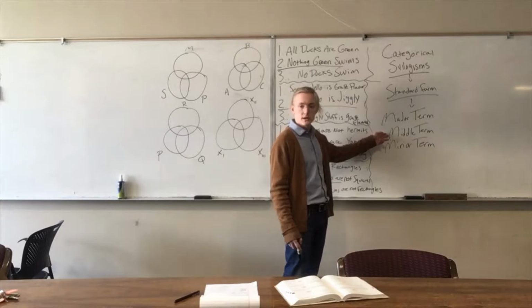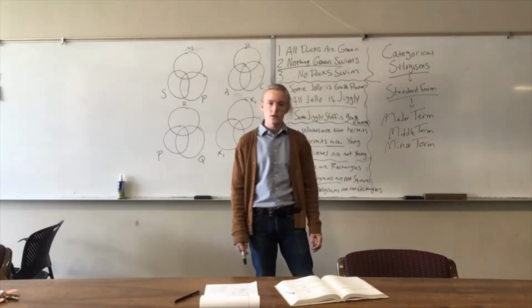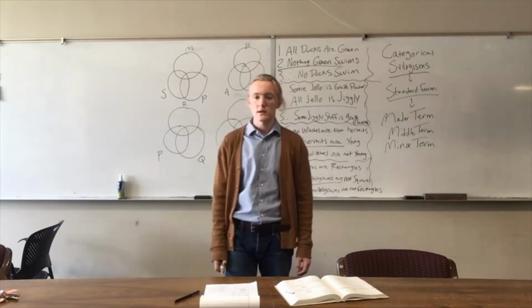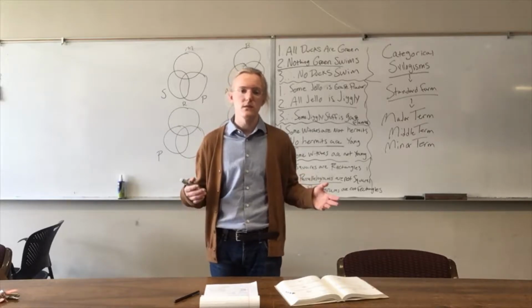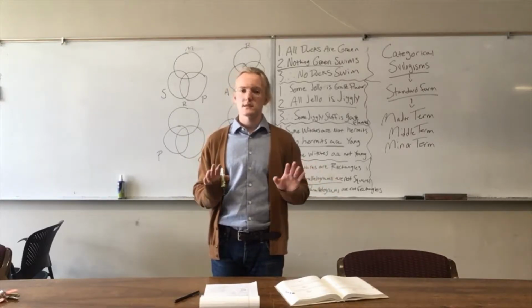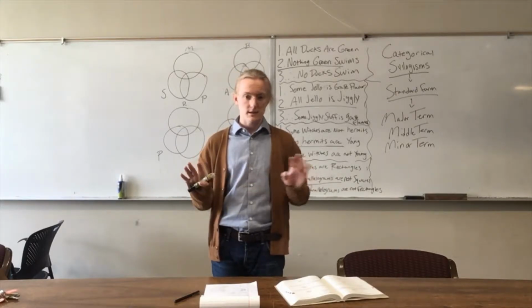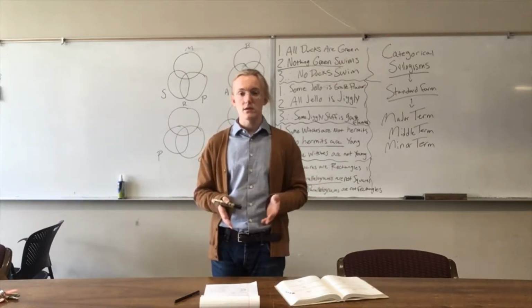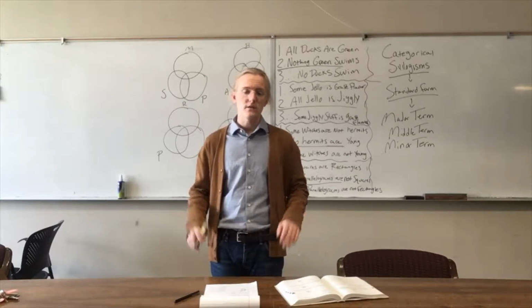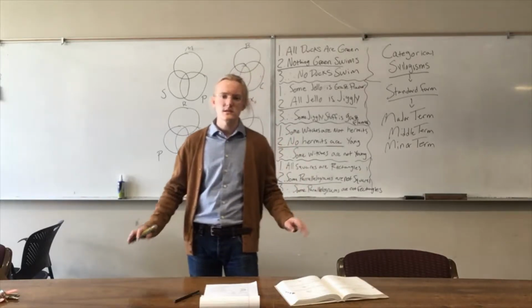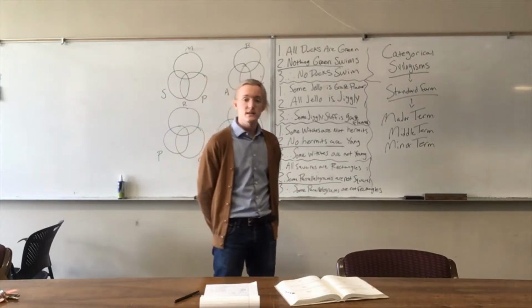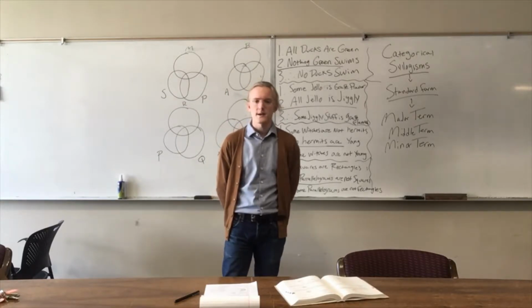The middle term will appear in both of the premises of our arguments, but it won't appear in the conclusion. And it's the middle term that operates as the inferential power that connects the major term and the minor term together to give us hopefully valid conclusions. And if it doesn't fit this standard form quite right, we'll find that the arguments are going to be invalid.